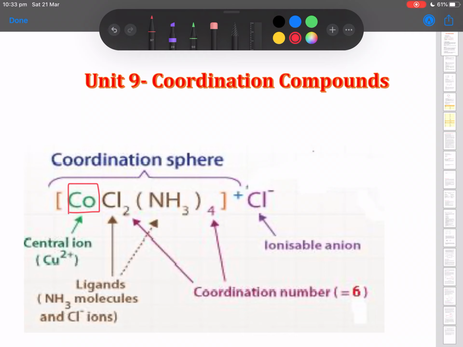And you also learned that transition elements participate in complex formation. And that is what we are going to learn in this chapter, what exactly is meant by complex compounds. So let us get started with this unit of coordination compounds.